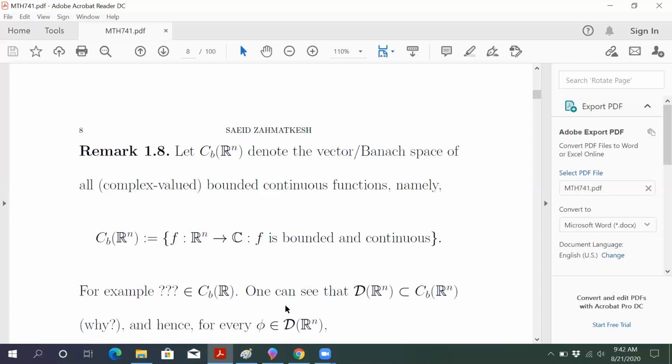At first I said mute, maybe because of the noise of the environment. So if you are sitting in a quiet place, then you can unmute your microphone to speak and to be involved in the discussion. So can you give me an example of a bounded continuous function in R, like a function from R into R, real valued, which is bounded and continuous? Do you have any idea?